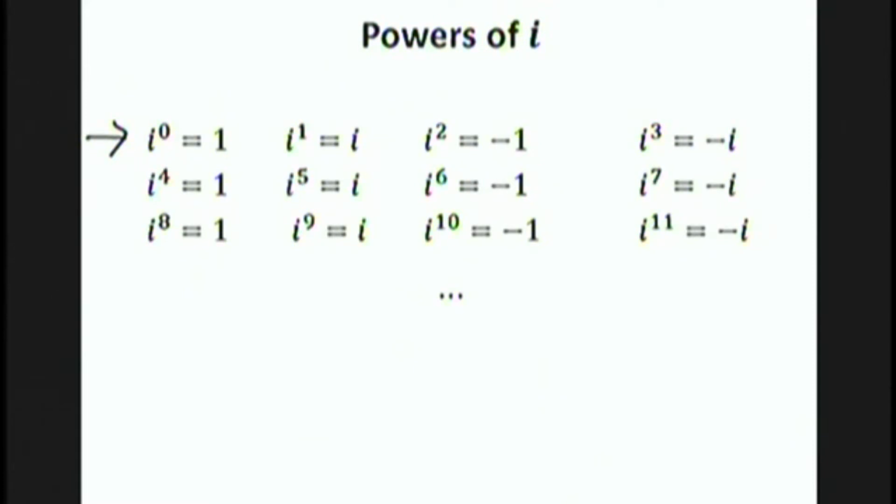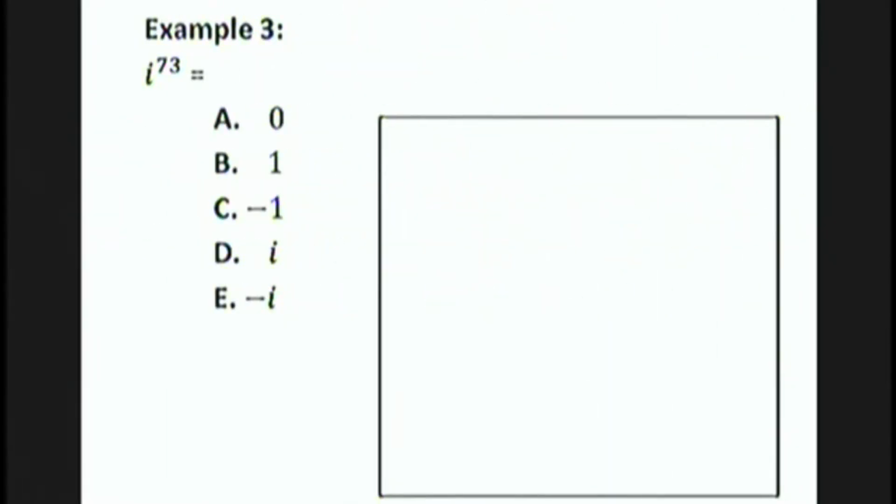This pattern keeps repeating. There are only 4 unique answers, and they repeat over and over again. So if we wanted to evaluate i to a power, we can simply look at the remainder when we divide the exponent by 4. Let's look at an example.